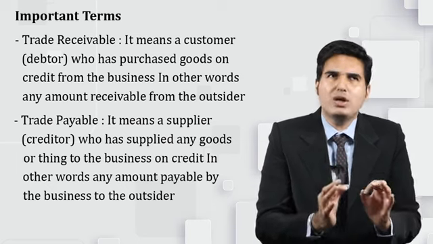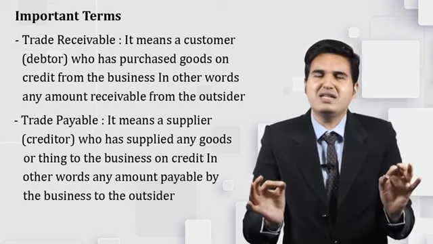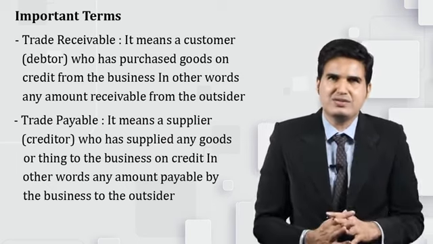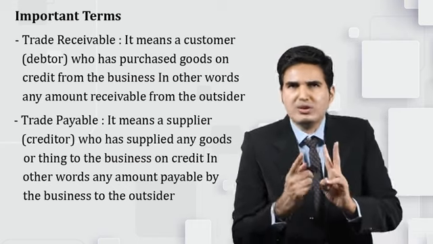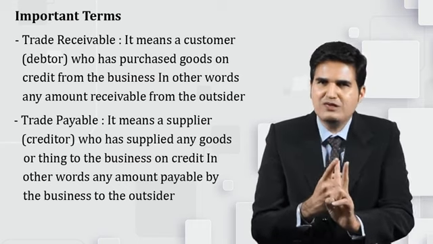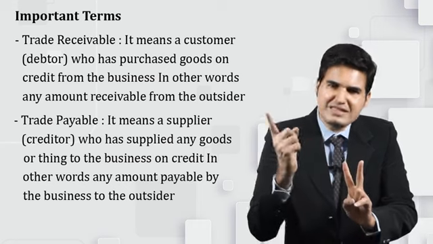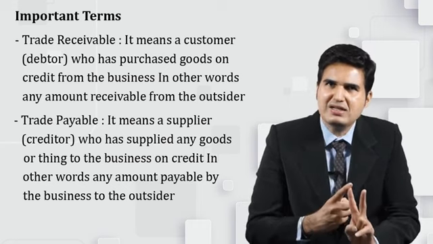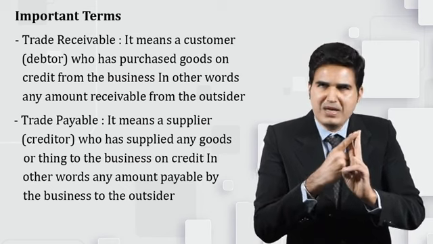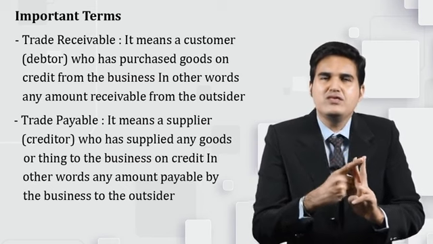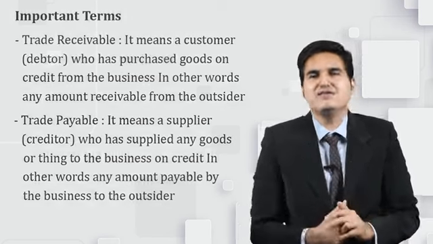And whenever we talk about trade payable, in simple language, they are credit suppliers. Right? So in case of debtors, we will receive the money at some future date. And in case of trade payables, that is creditors, we will make the payment at some future date.